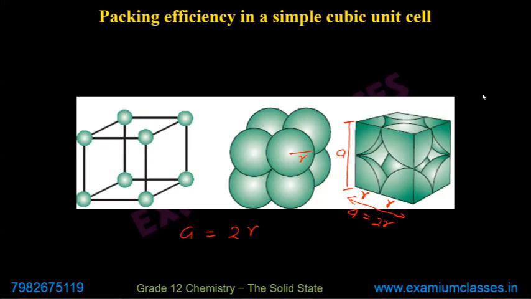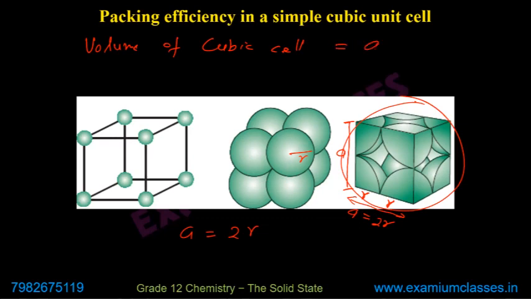So if you are able to understand this, you know the total volume. The volume of the cubic cell will be a cube. And the volume of one atom, why am I calculating for one atom?